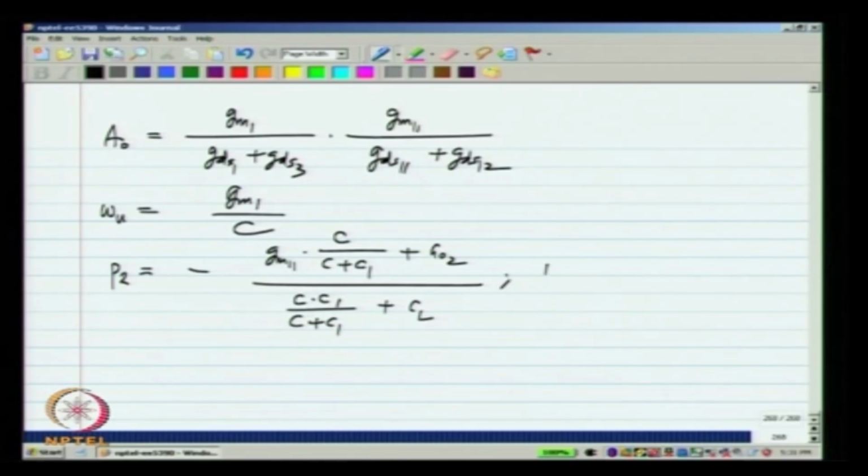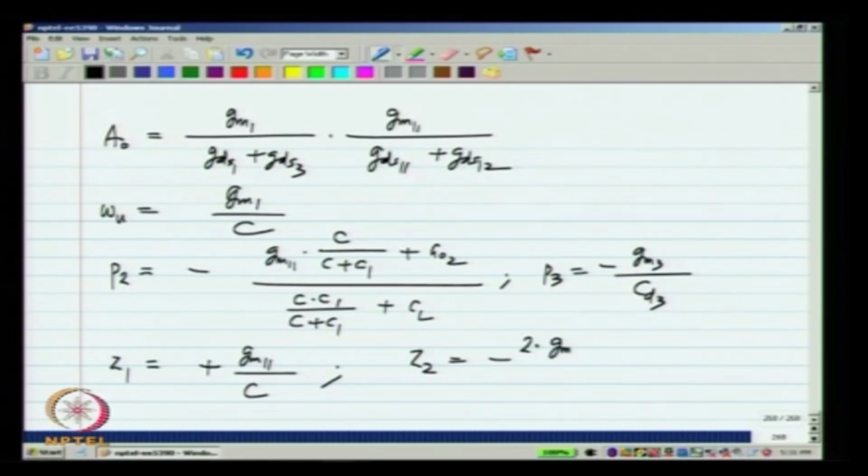In addition to this, we also have the non-dominant pole due to the first stage, which is GM3 by CD3. Of course, it is in the left half plane, and there is a right half plane zero that we are quite familiar with from our earlier analysis, and that is at GM11 by C. There is also a left half plane zero due to the first stage, which is at minus 2 times GM3 by CD3.